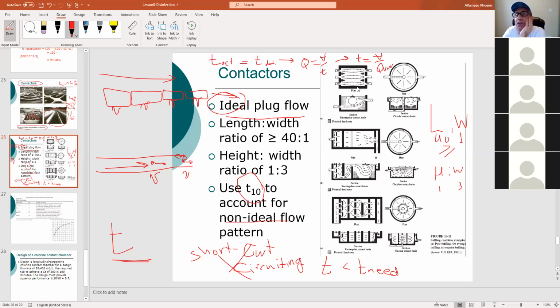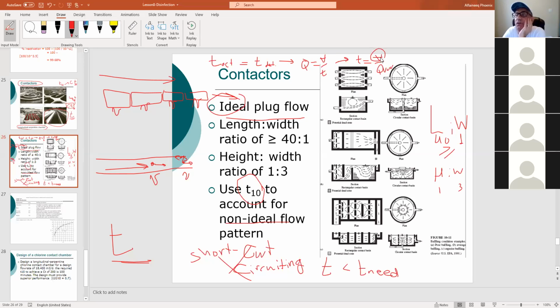It depends on the volume of the contactor itself. This is going to determine how much T is. However, the time inside that V might vary, and there are many reasons for that. Sometimes water, when it flows, makes eddies somewhere at the corners. Recirculating, right?